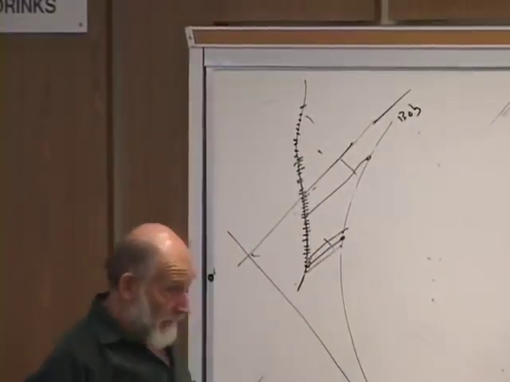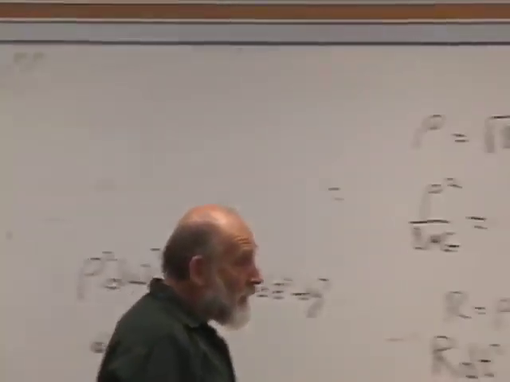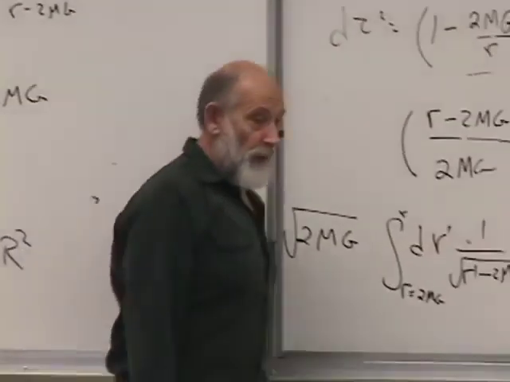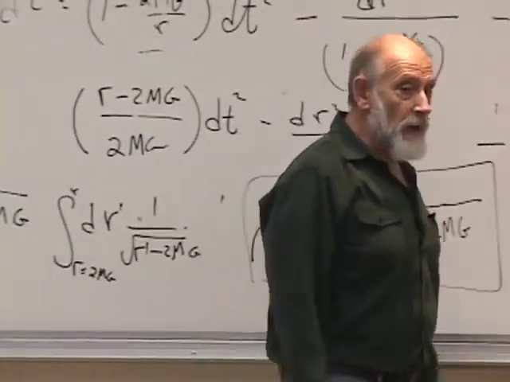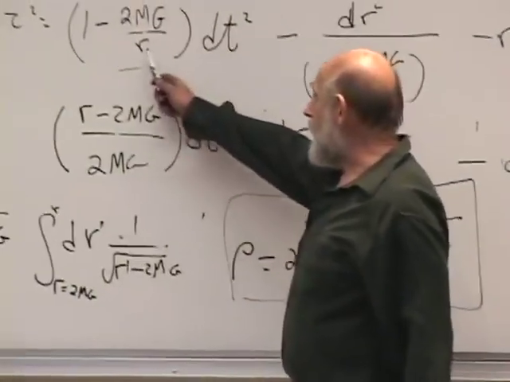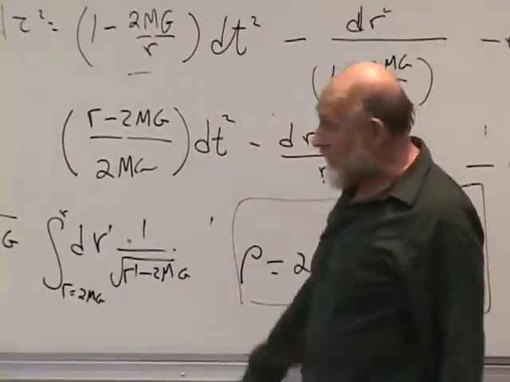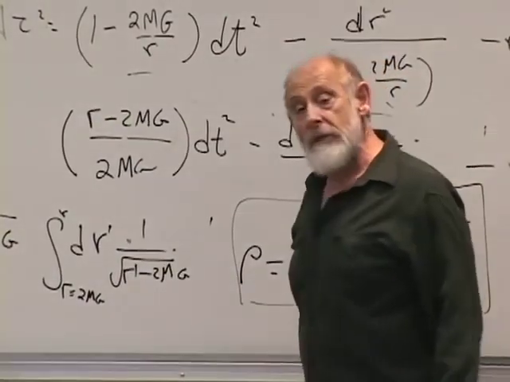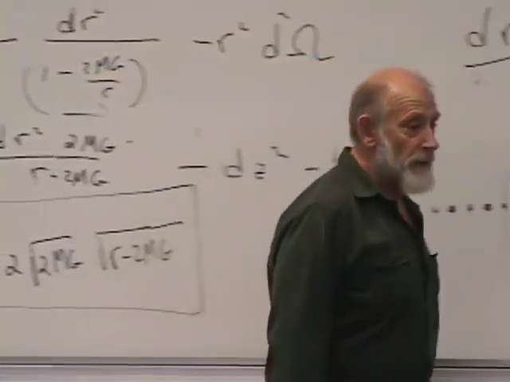There's a problem for Alice though. This is the near horizon geometry, and we haven't talked about what happens at r equals 0. Something really bad happens at r equals 0. That is not a coordinate singularity.